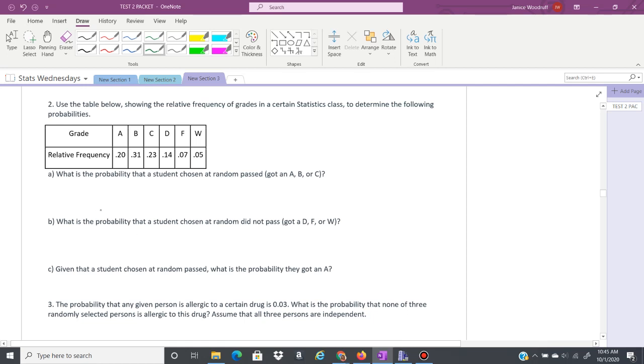Okay. What is the probability that a student chosen at random passed, got an A, a B, or a C? So for this one, for probability, it's or, okay, that they passed. So all we're going to do here is add these probabilities.